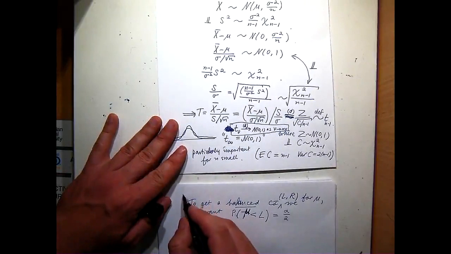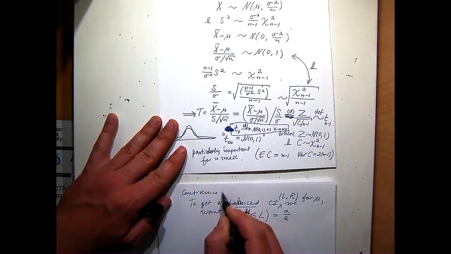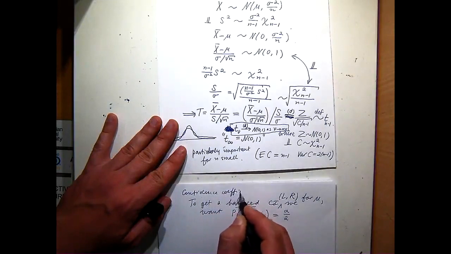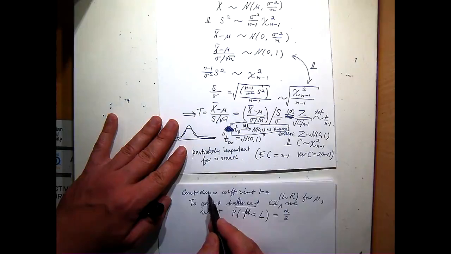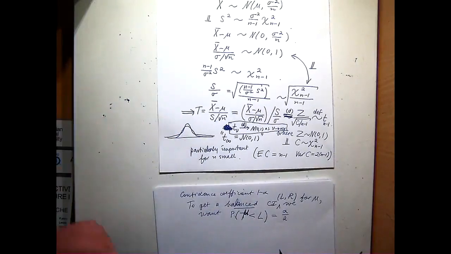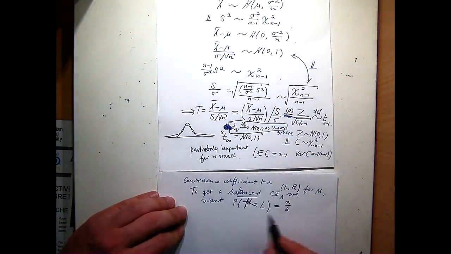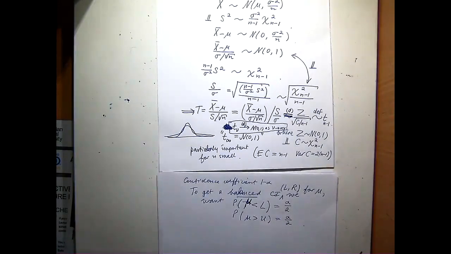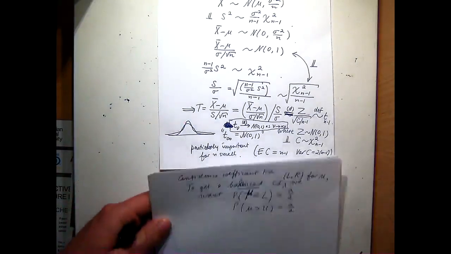Remember, we're talking about a confidence coefficient, often called 1 minus alpha. Very frequently, 1 minus alpha is 95%, alpha is 5%, but it could be higher confidence if you want. So you want probability of being off the left alpha over 2, and probability of being off the right equal alpha over 2. That's balanced because there's equal chance on either side. That won't always be symmetric in general, but in this case it's symmetric because t distributions are symmetric distributions.